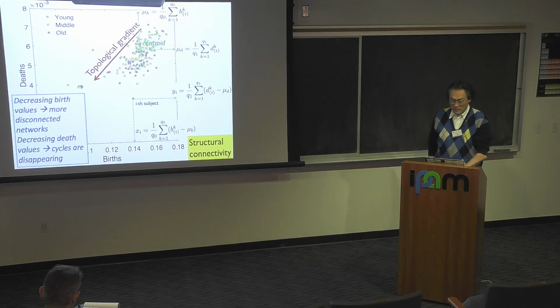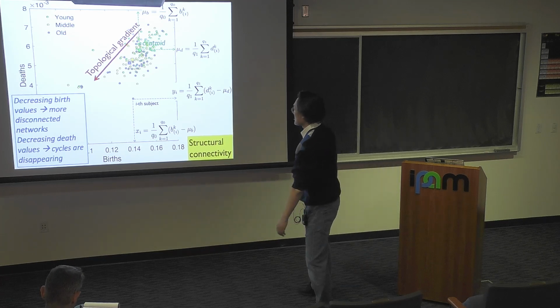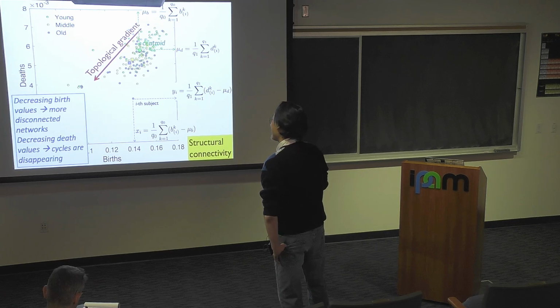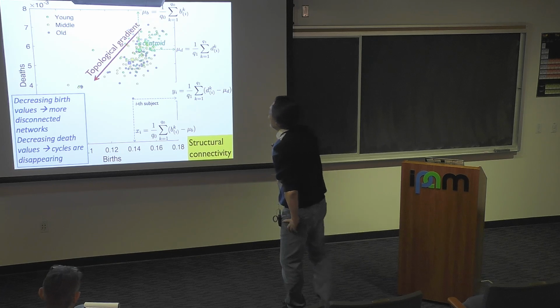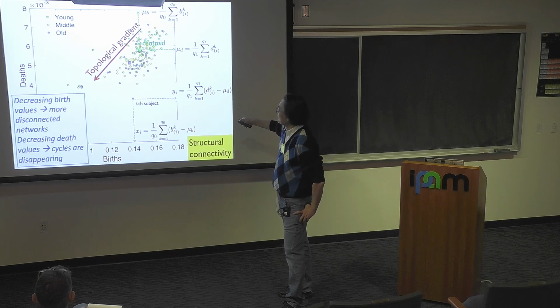Then we can do the gradient, the topology gradient. This is still ongoing research. It's not published yet, but this is amazing research. I like it. I'm going to publish this one. You can see that there are about 117 subjects.